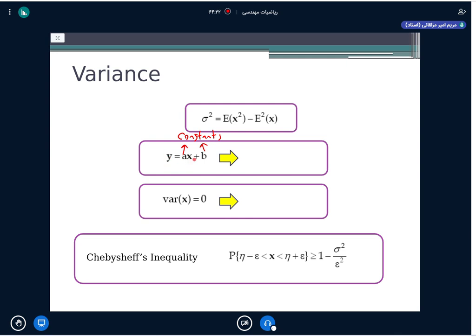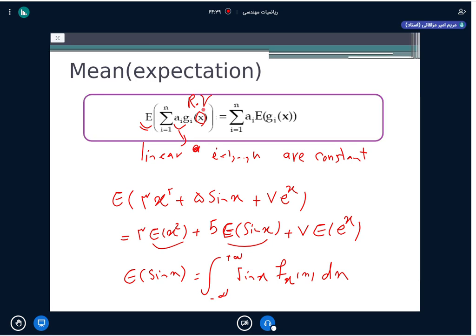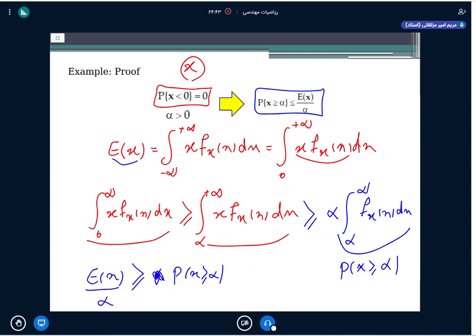We know that y is equal to ax plus b. Okay, if we want to compute the expectation of y, we should compute expectation of ax plus b. From the properties of expectation, we know that expectation is a linear operator.